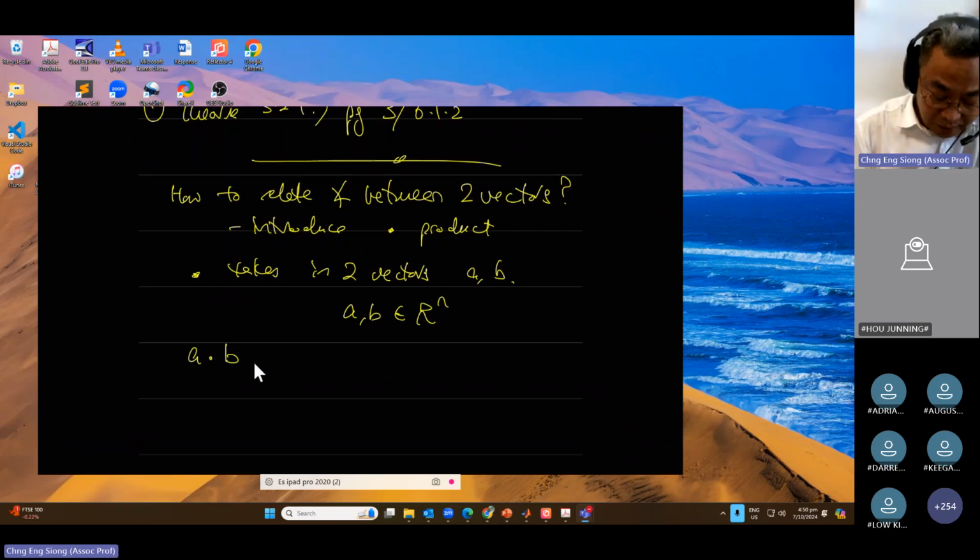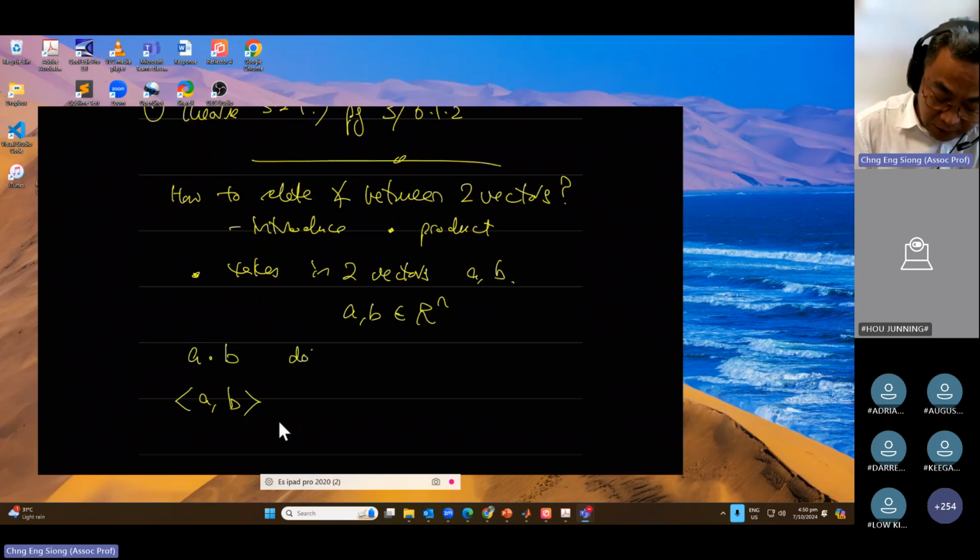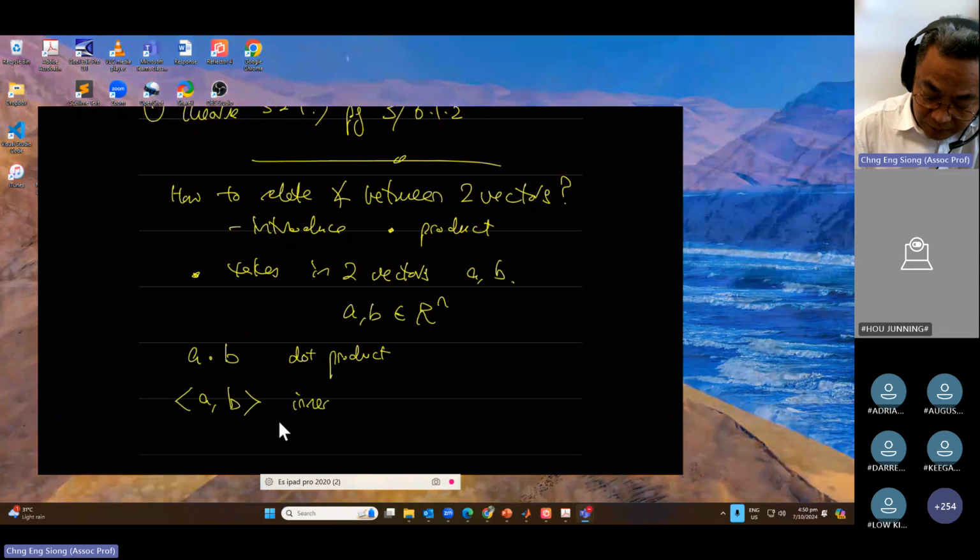There's another way that we can also write it, a comma b with these angle brackets. So this is called the dot product. This is called the inner product.